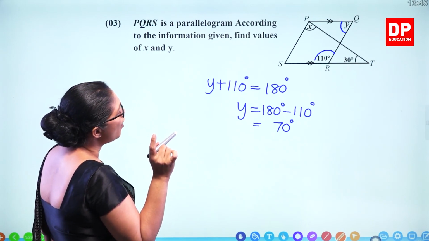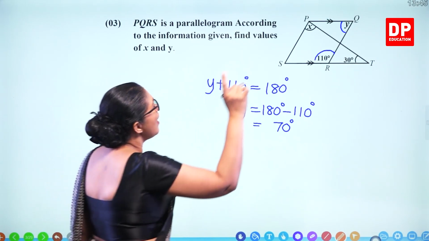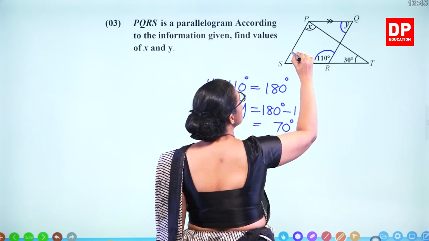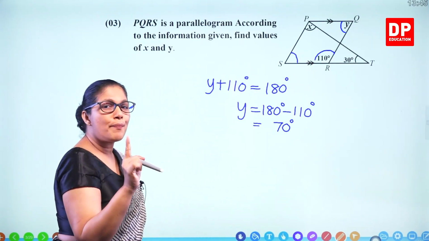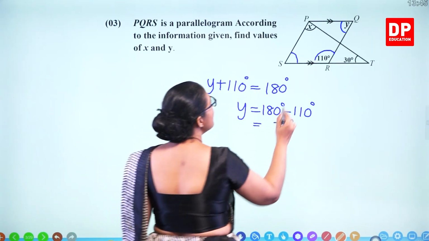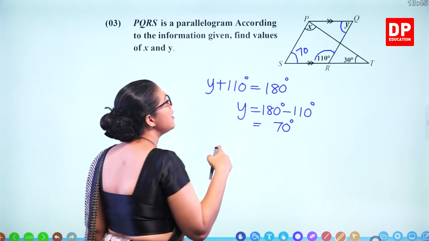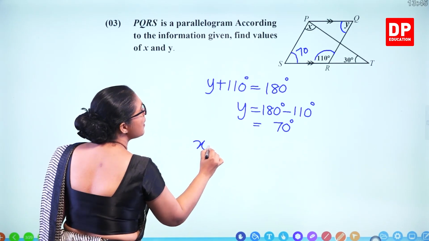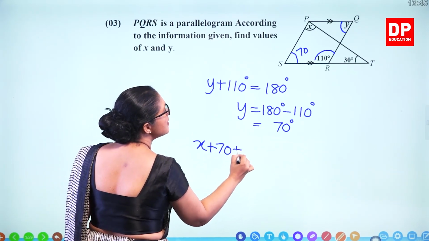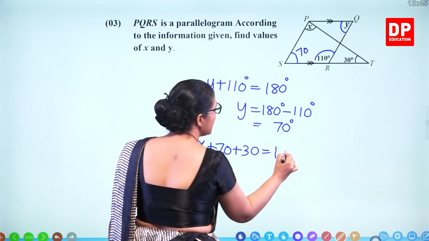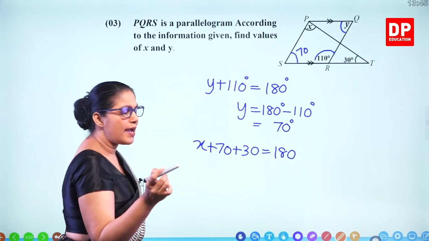Then how do you find X? If this is Y, this is also the same, because opposite angles of a parallelogram are equal. So this is 70. Now you can take triangle PST. X plus 70 plus 30 is 180, the angle sum of a triangle.